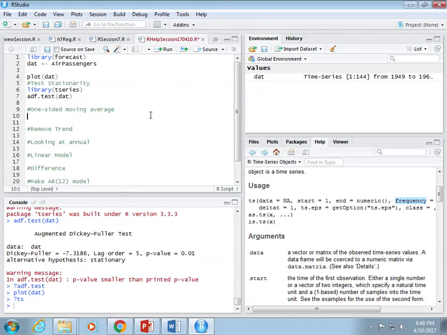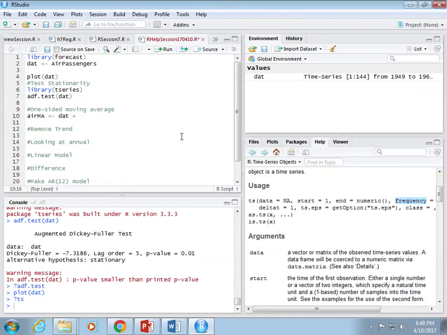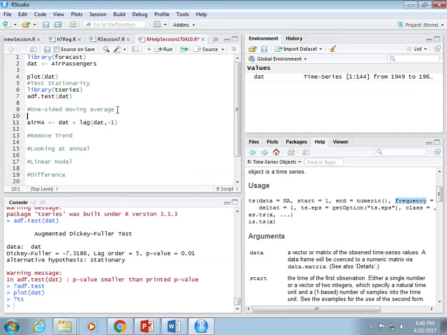So we'll call this air moving average, and it's going to be equal to the data plus the lag of the data from one before it. If you're not familiar with this lag function, essentially all it does is grab the previous value.